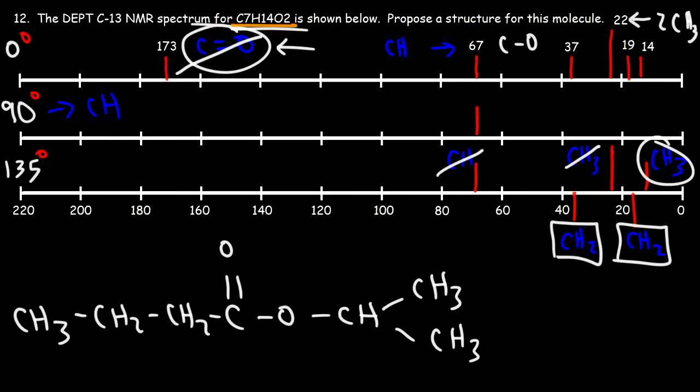And so the structure has to be this. So the carbonyl group is the one with the signal at 173, the CH group at 67, the 2 methyl groups at 22, and then this methylene group next to the carbonyl group must be this signal here, which is at 37. The other one is at 19, and the other methyl group is 14.